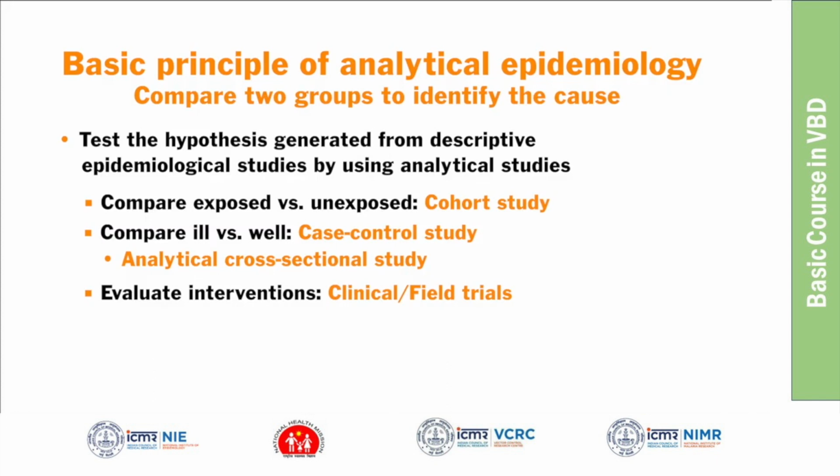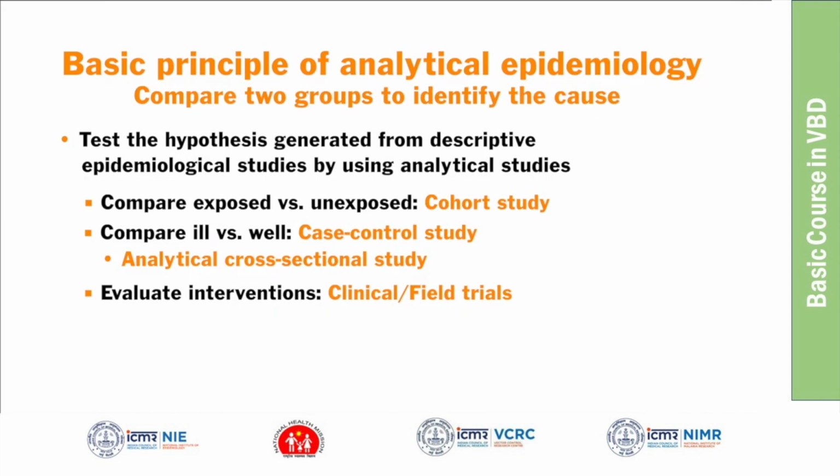If one exposure factor is highly associated with diseased individuals as compared to non-diseased individuals, then we clinch the diagnosis about which problem is affecting cases more often as compared to controls. This is another way of testing the hypothesis.